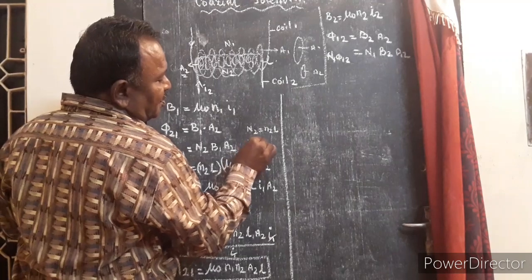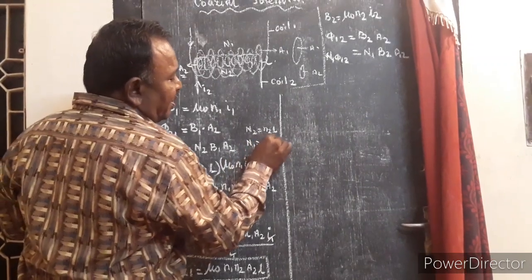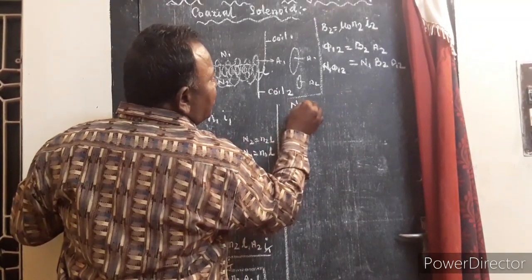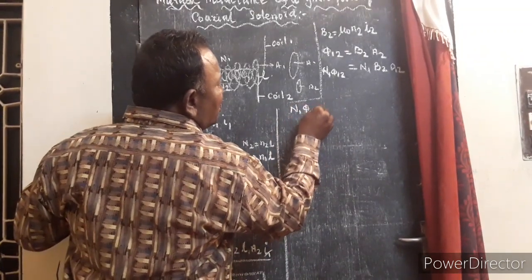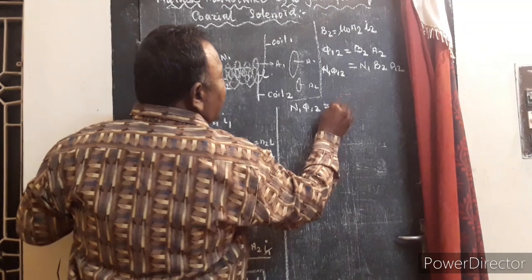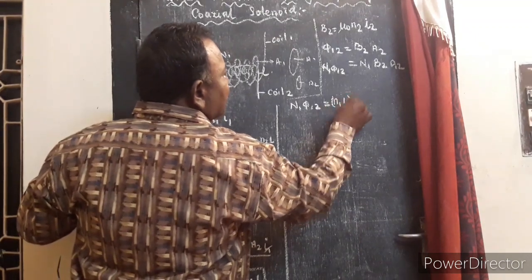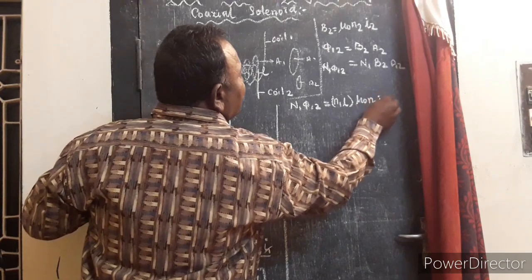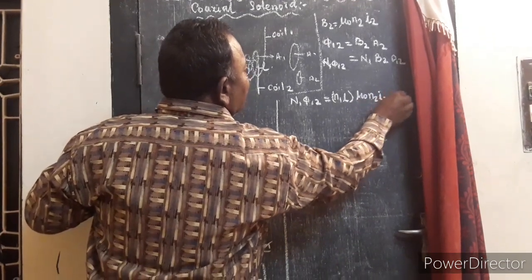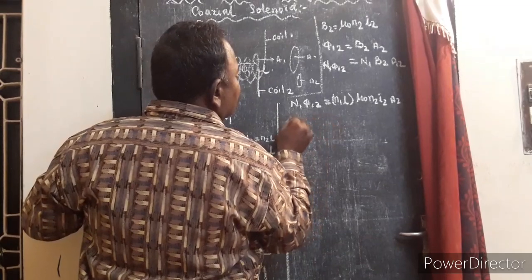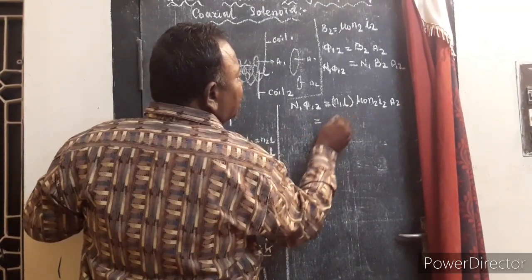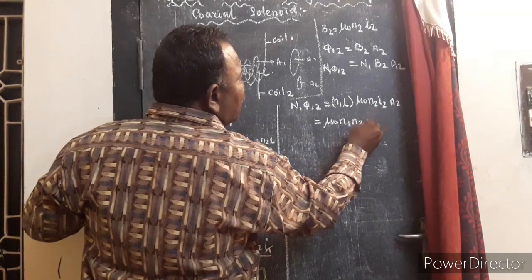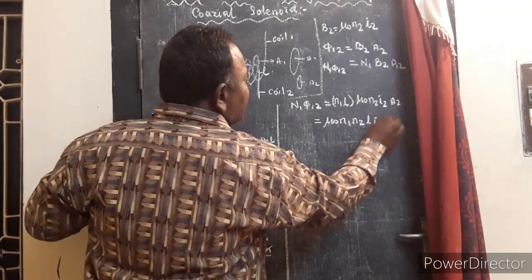N1 is equal to n1 into L. Substituting this value, we will have N1 phi 12 equal to n1 L into mu naught n2 I2 into A2. So that is equal to mu naught n1 n2 L I2 A2.